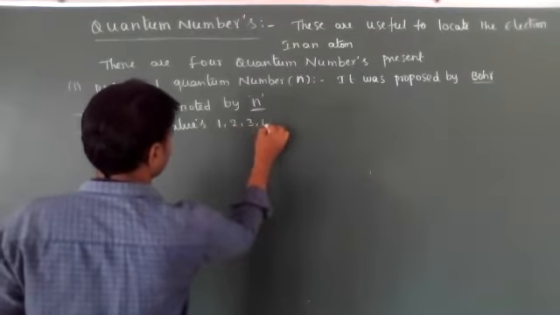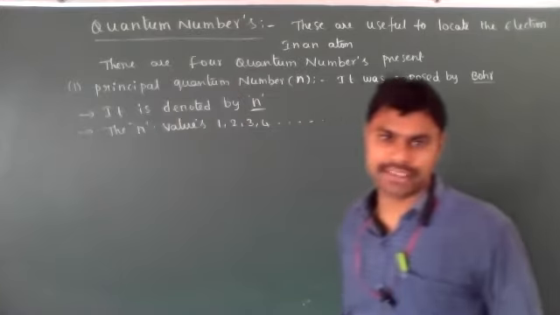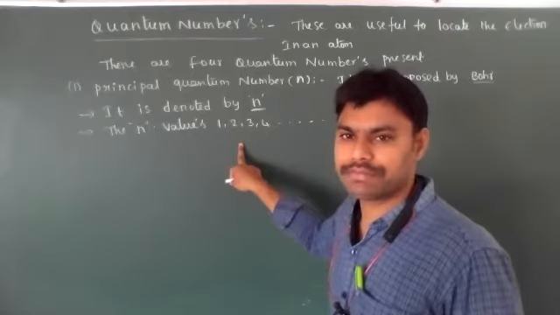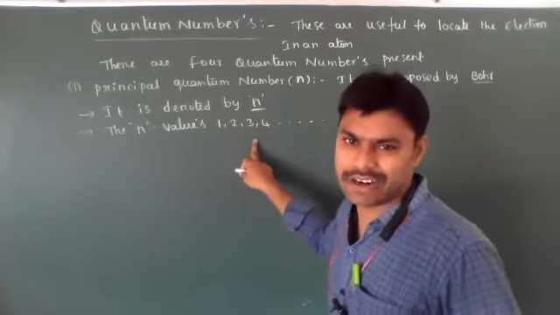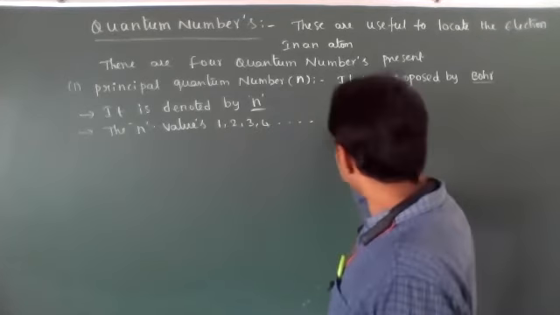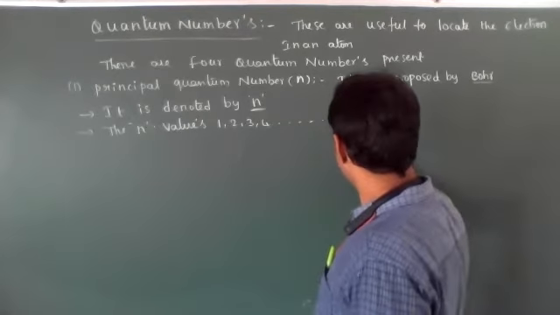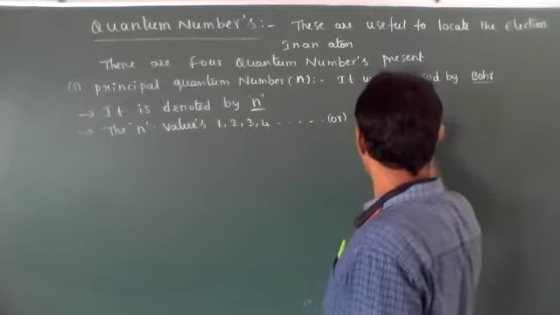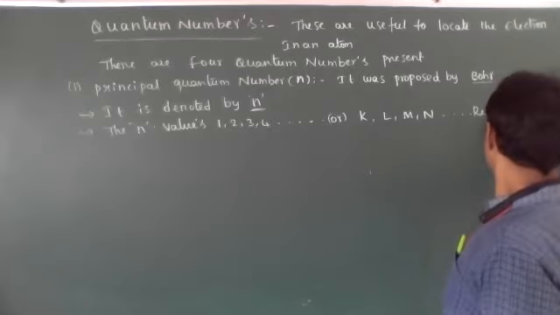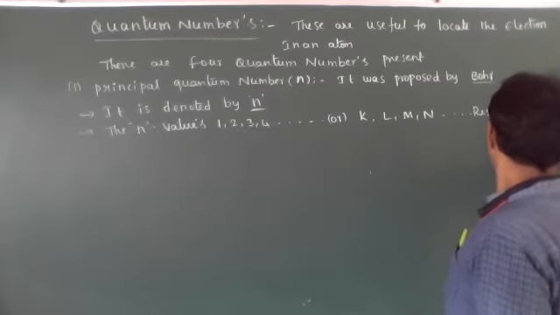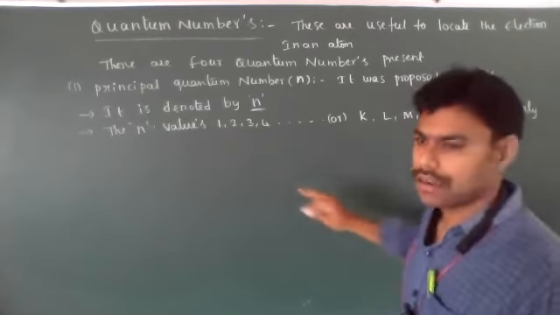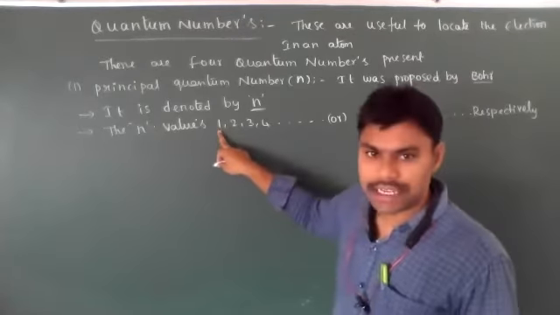The n values are 1, 2, 3, 4, 5, 6, 7. Regarding the principal quantum number, we can understand this very easily. That's not a big problem. The n values are also represented by K, L, M, N respectively. For the K shell, n value is 1.